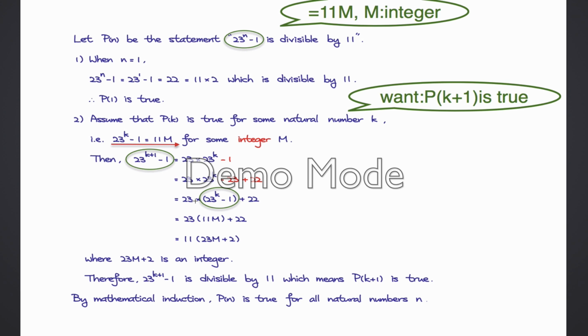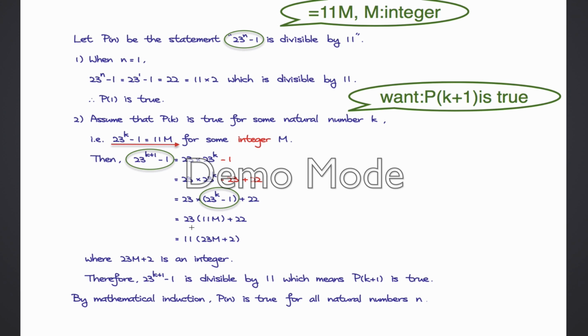If we want to construct 23^k minus 1 as a whole into our new equation, we must plus 22, where 22 is also divisible by 11 since 22 is equal to 11 times 2.